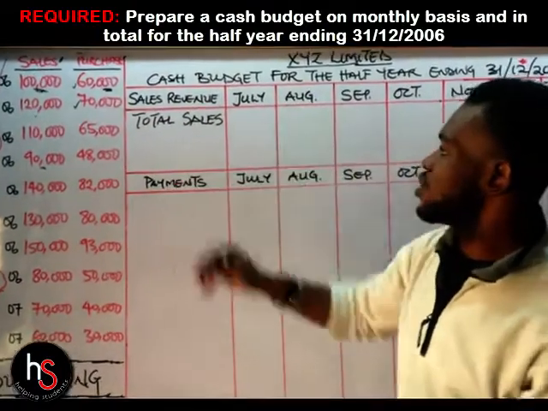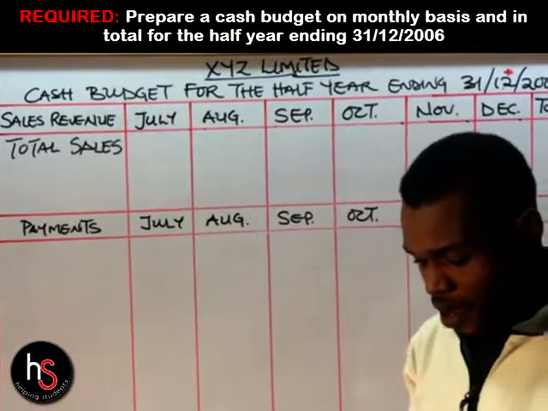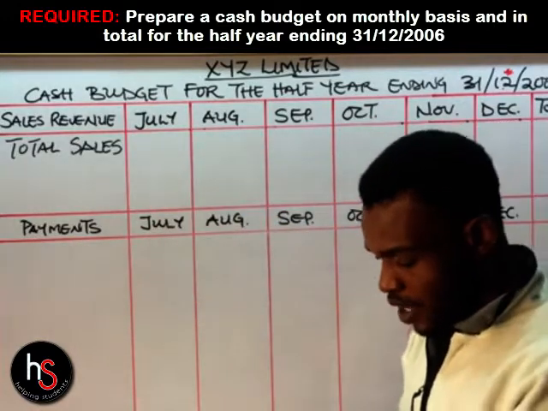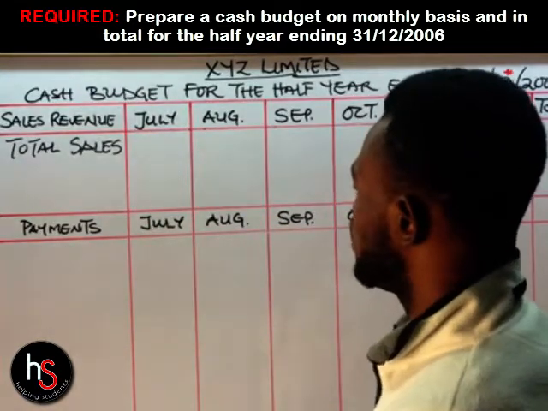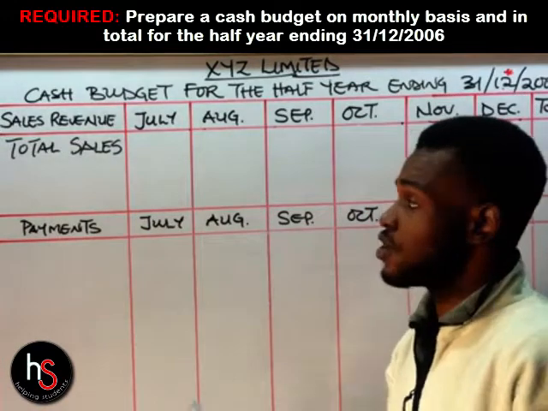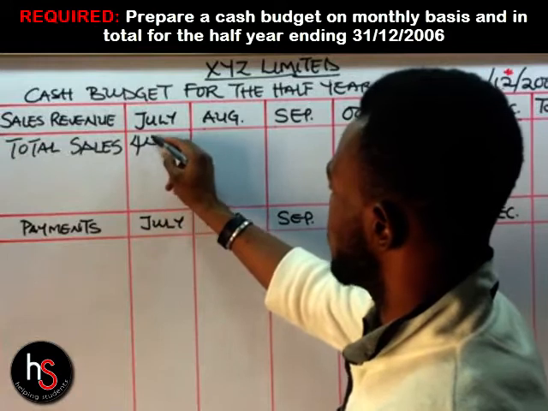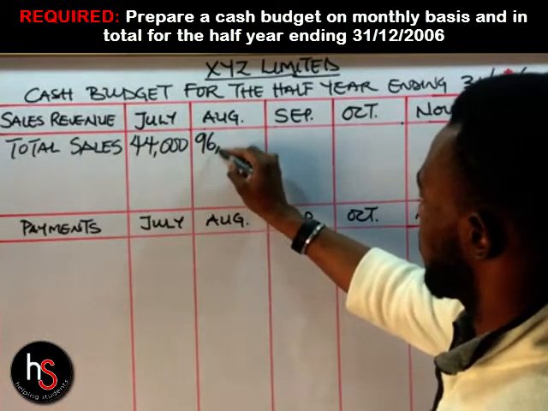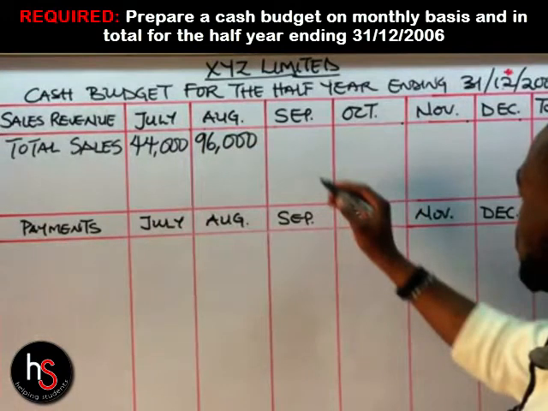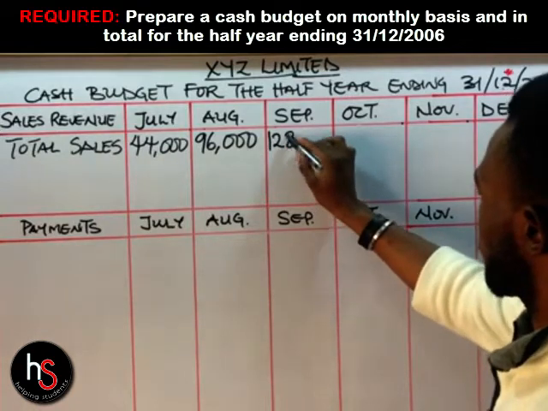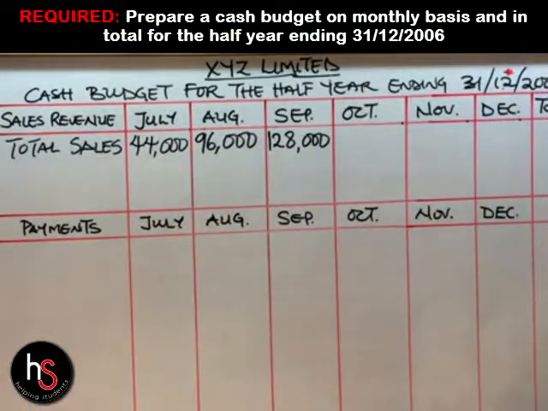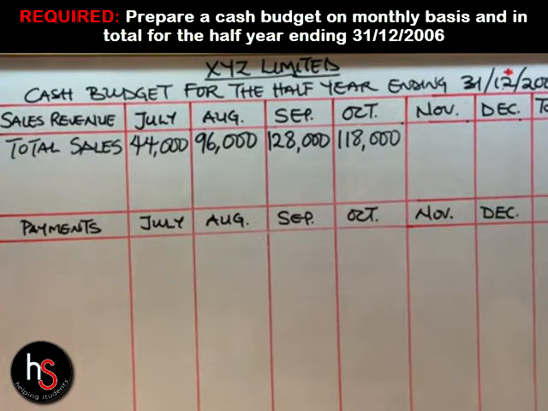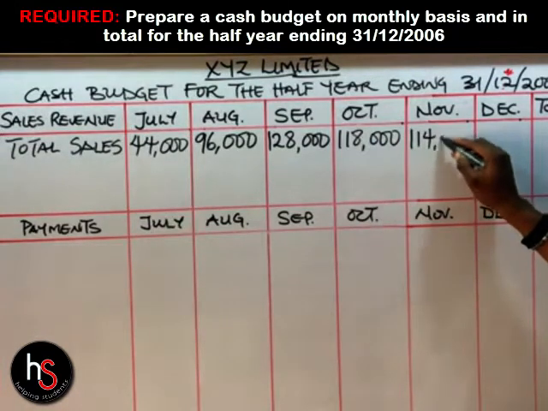So let us proceed. Our total sales. From the previous one we solved, when we totaled the account, in July we have 44,000. Look back at the question. In August, we have 96,000. In September, we have 128,000. In October, we have 118,000. In November, we have 114,000.